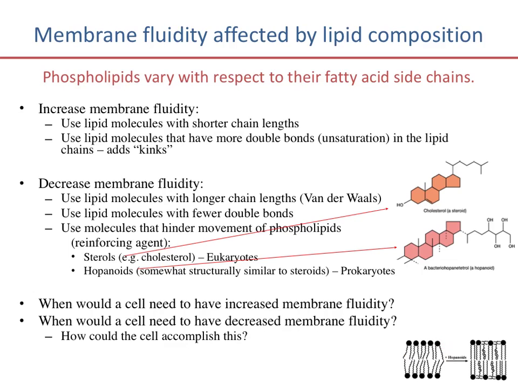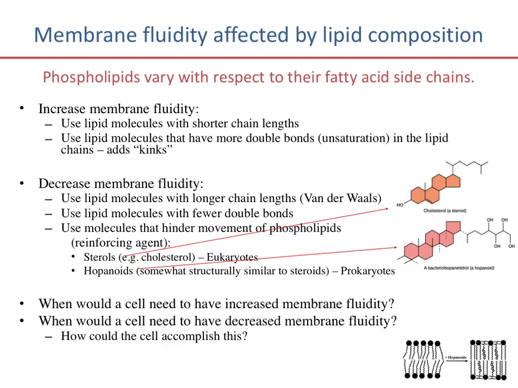You don't have the van der Waals forces. It's more fluid. However, if you have saturated chains plus hopanoids, then you have a very tightly packed membrane, which increases the solidity or decreases the fluidity.